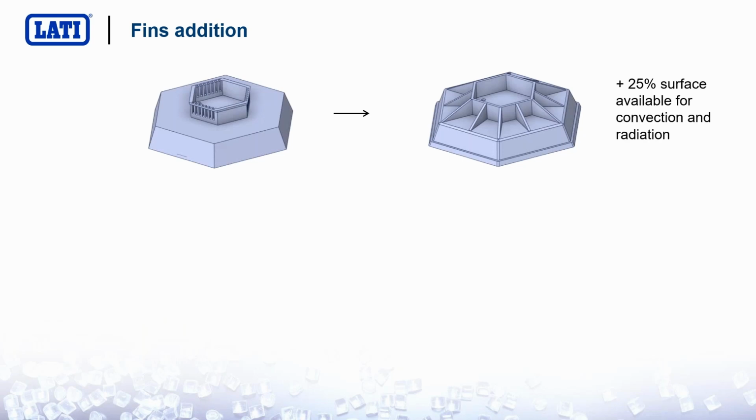By adding fins or other kinds of geometries. So here an example: on the left was the original geometry, on the right that with the addition of fins. This way it was possible to increase by 25% the surface available for convection and radiation.